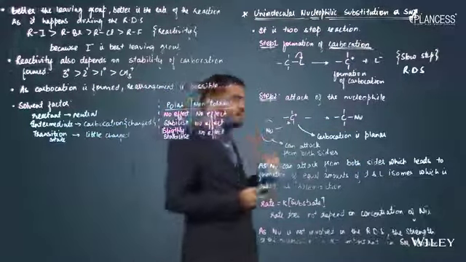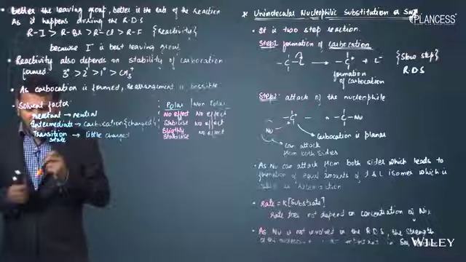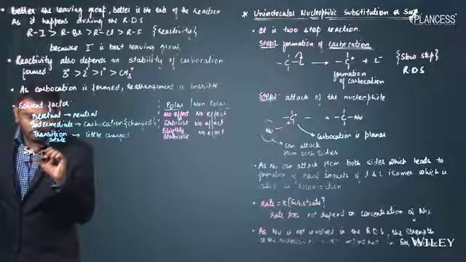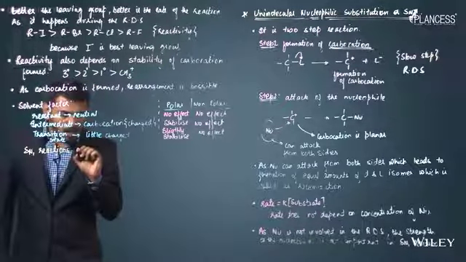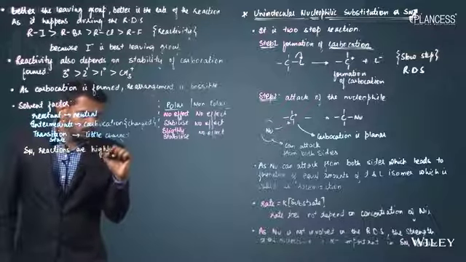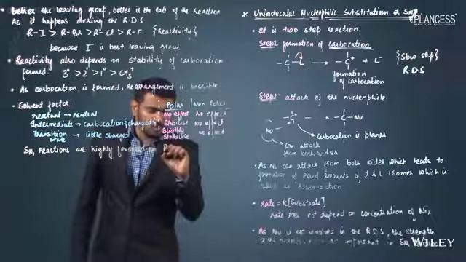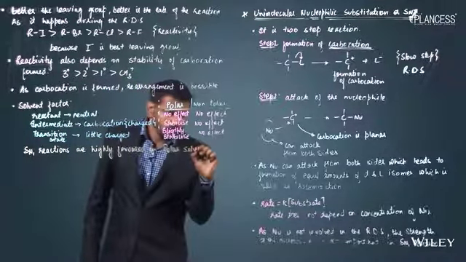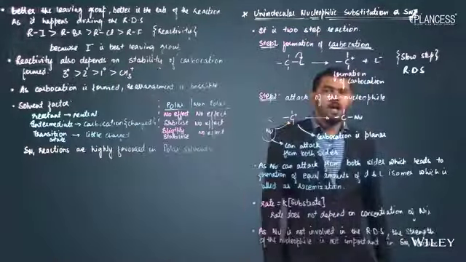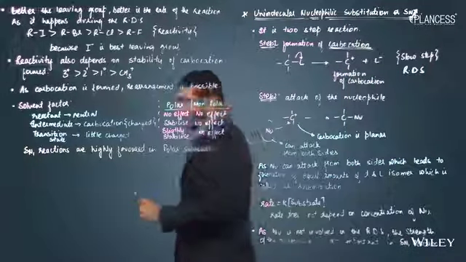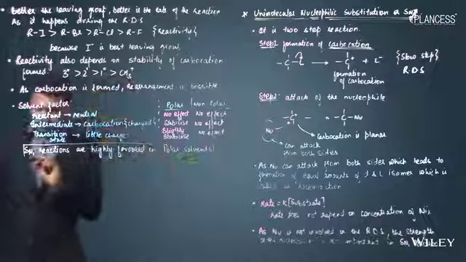So I can simply give a statement that SN1 reactions are highly favored in polar solvents. I hope this point is absolutely clear to you. Alright, please don't forget this.